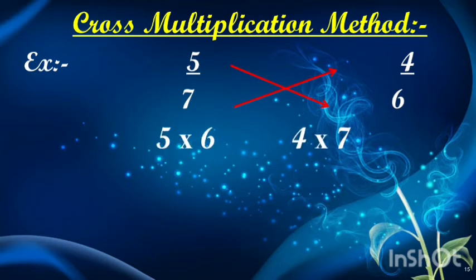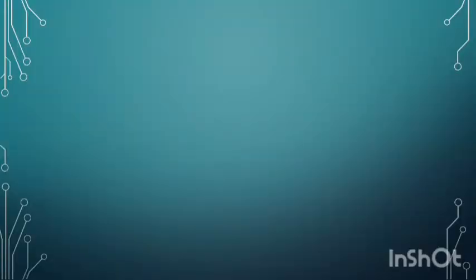Now we will multiply the numbers at the end of the two arrows. That means we will multiply 5 by 6 and 4 by 7. So 5 6s are 30, 4 7s are 28. Since 30 is greater than 28, 5 upon 7 is greater than 4 upon 6.